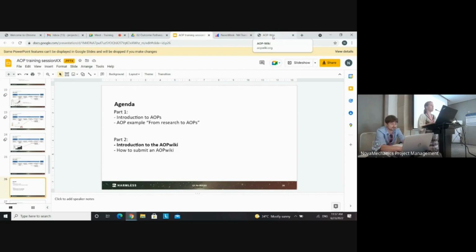So if you look into the AOP wiki, there are many different levels, and some only have the headings, and there's basically no other information than just the headings and then the AOP. And others are fully fleshed out with weight of evidence, and so it's very broad.